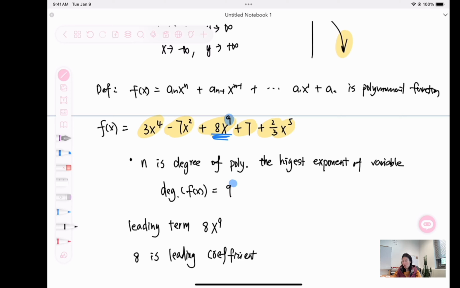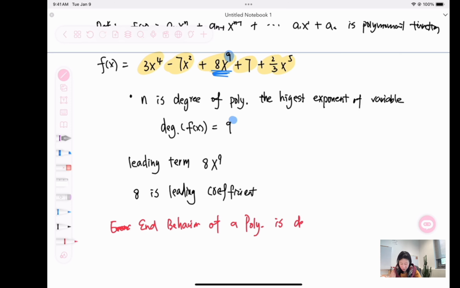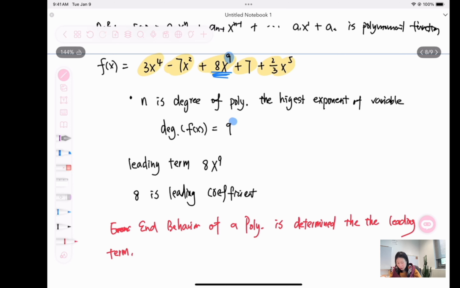Okay, then with this, we can talk about the end behavior, because here's the mark. The end behavior of a polynomial will be determined by the leading term. So for example, the leading term in this example is 8x to the 9th.